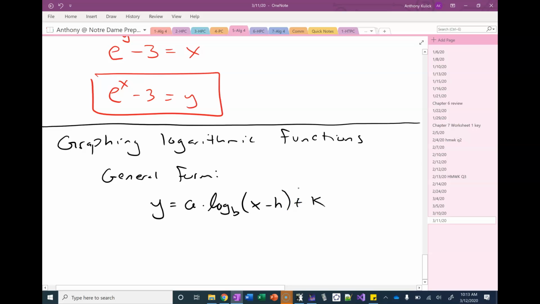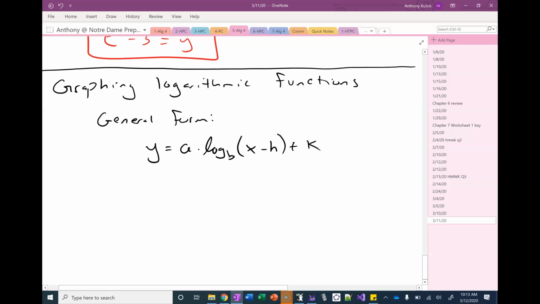Okay there? So these a, b, h, and k do the same thing we've seen over and over again, or the a, h, and k perform the same transformations we've seen over and over again, right? We've mentioned these like 3 or 4 times now this year. I'm not going to write them all down again because it's getting to be kind of overkill.